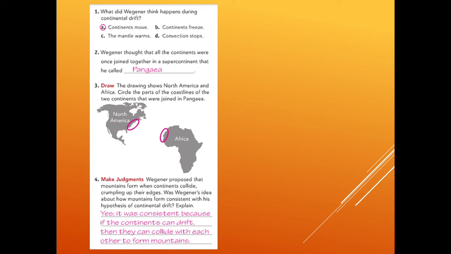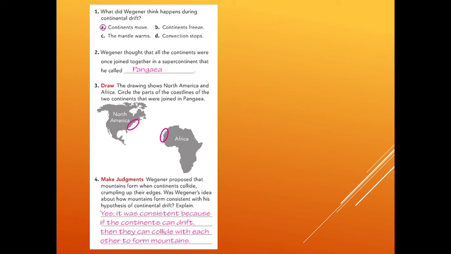Was Wegener's theory about how mountains form consistent with his hypothesis of continental drift? Explain. Okay, so can we relate Wegener's theory to the creation of mountains and, of course, continental drift and the movement of continents? Well, the answer is yes.